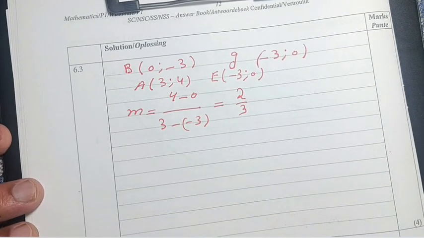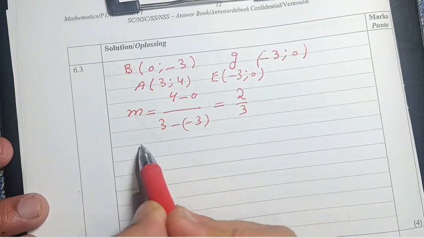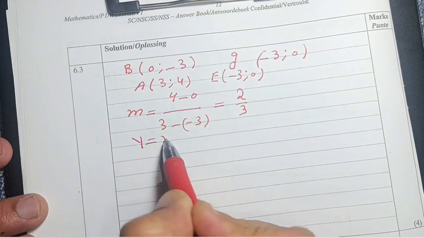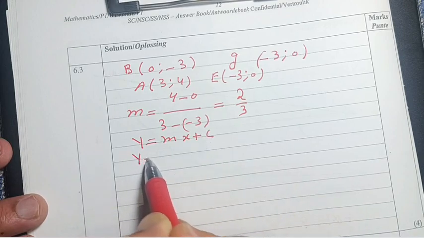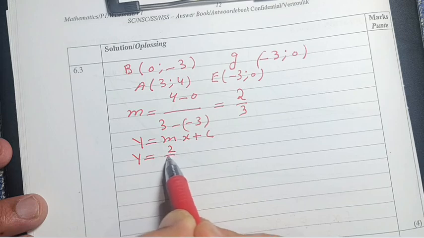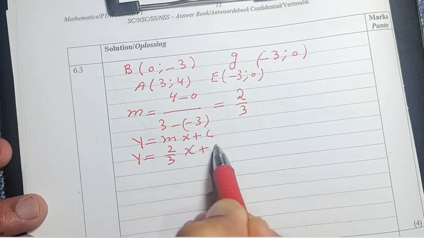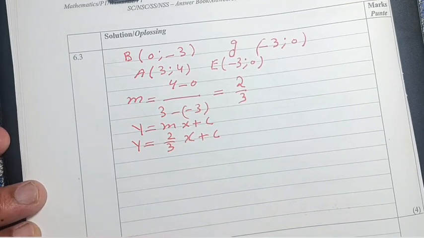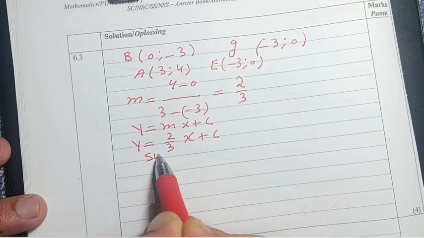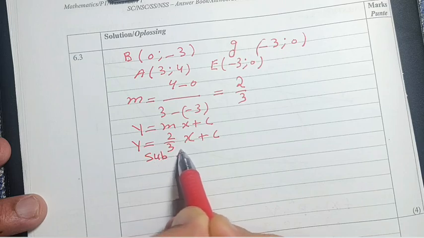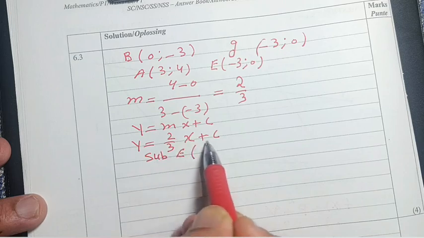Now y is equal to mx plus c. That is our equation. So the m value is 2 over 3, x plus c. We need to find the c. So we're going to substitute A or E, one of these coordinates, into this equation to find the c.